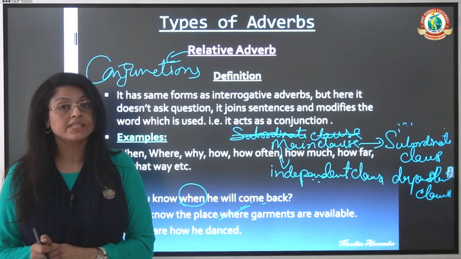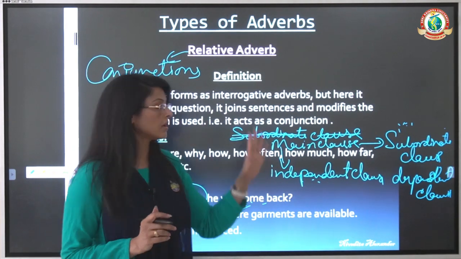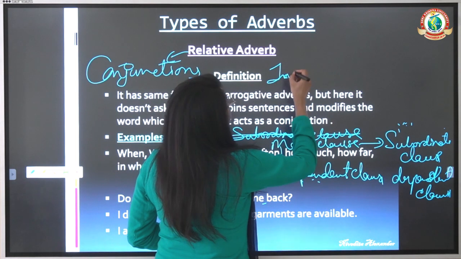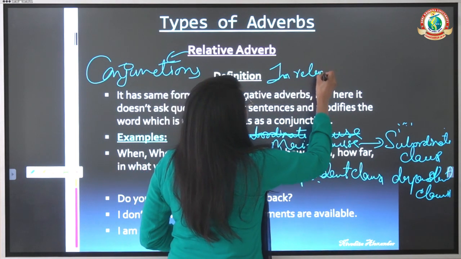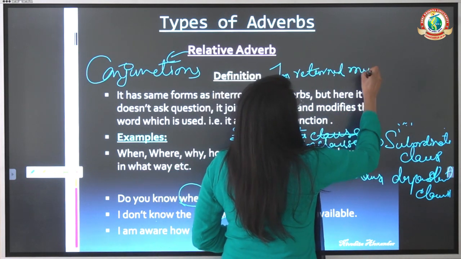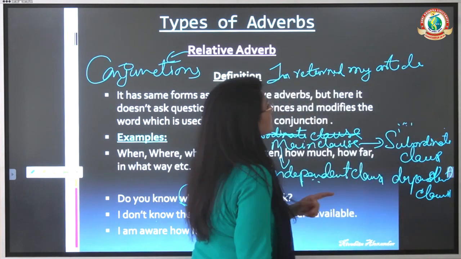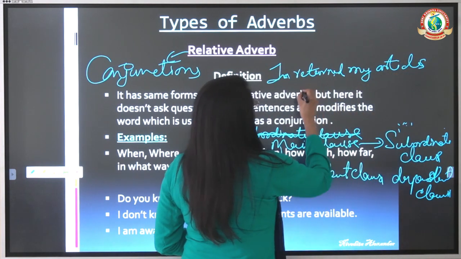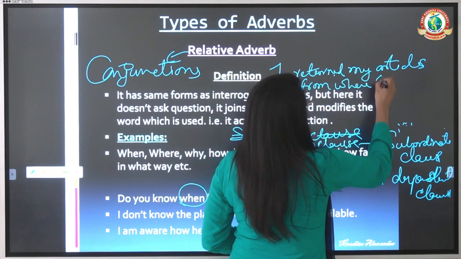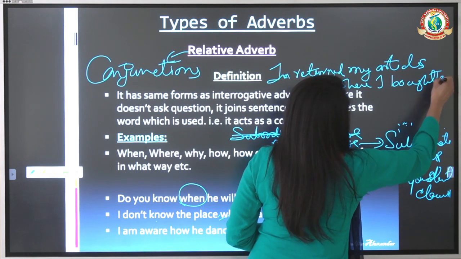If at all you have to say it like this, I went to the store from. If you write any sentence like this, I returned my articles from where I bought them.